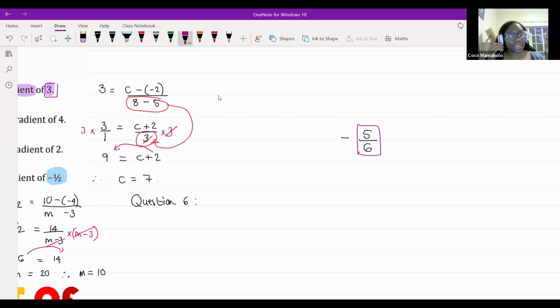But where does the negative belong? Does it belong on the numerator or in the denominator? What do we think, guys? Does it go on the top or on the bottom of our fraction?